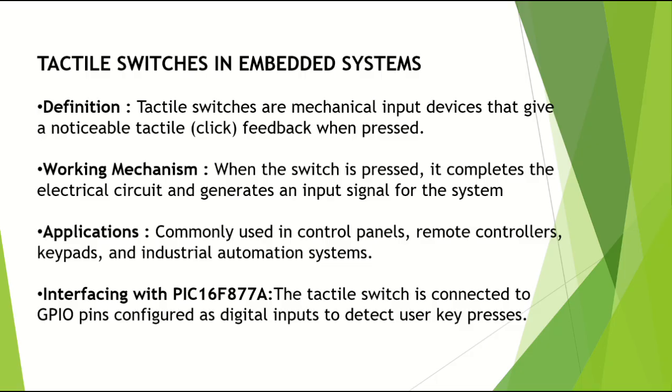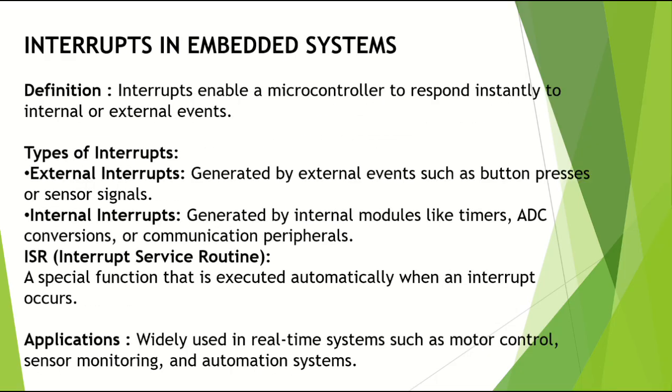Interrupts in embedded systems. Interrupts enable a microcontroller to respond instantly to internal and external events. There are two types of interrupts, external and internal. External interrupts are generated by external events such as button presses or sensor signals.